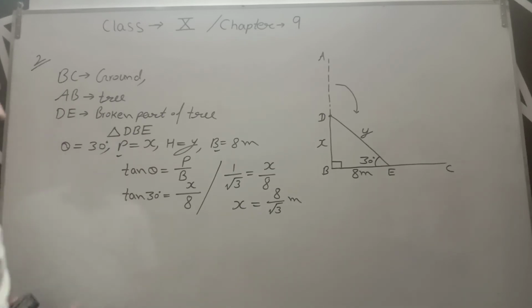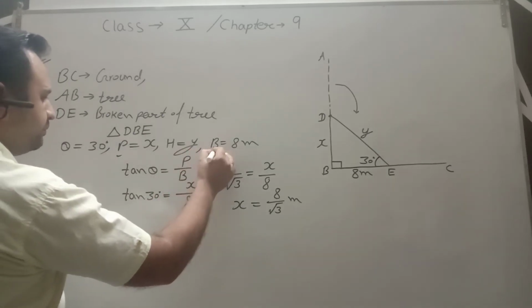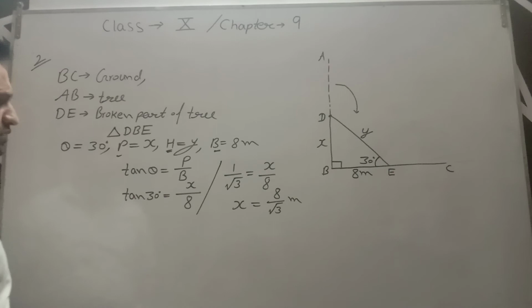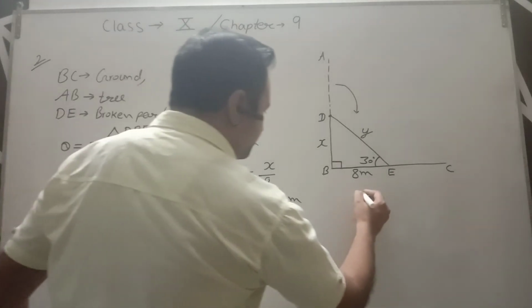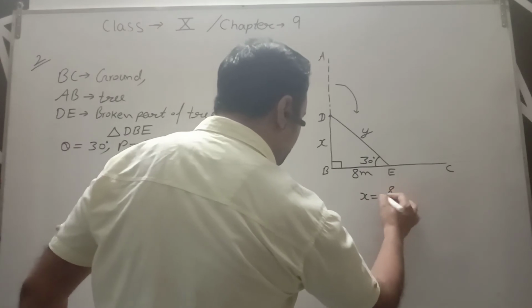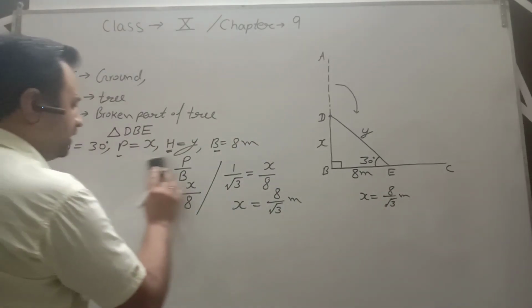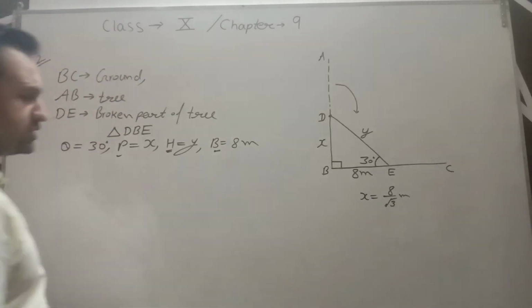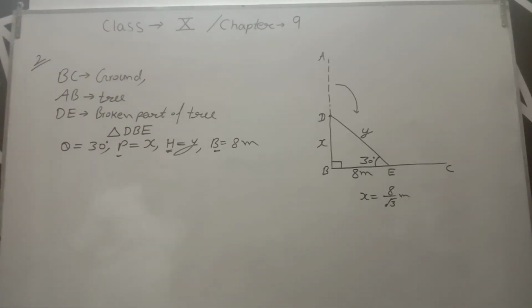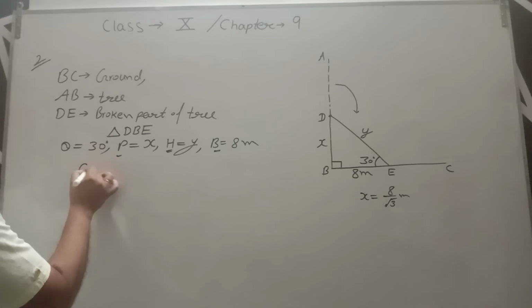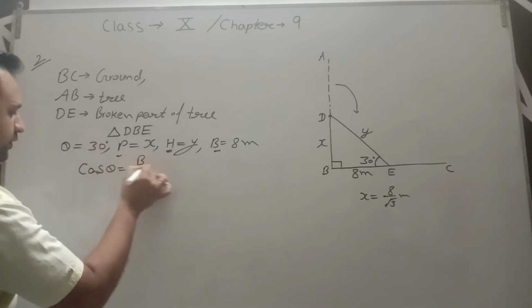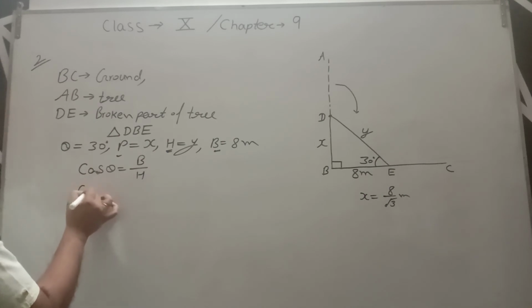So we consider a trigonometric ratio in which base and hypotenuse both are considered. We just note down x equal to 8 upon under root 3 meter. Base and hypotenuse both are considered in the trigonometric ratio cos theta. So cos theta is equal to base upon hypotenuse. Now put the value.